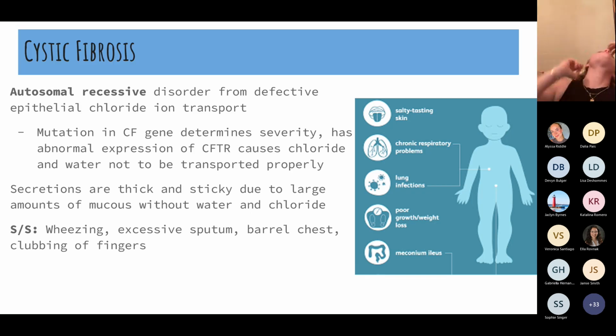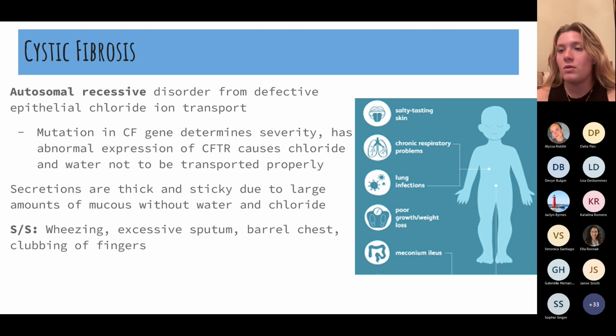Another common respiratory issue that affects our kiddos is cystic fibrosis. This is an autosomal recessive disorder that ends up messing up our chloride ion transportation, which causes our body to hold on to a lot of thick, salty secretions in our lungs.